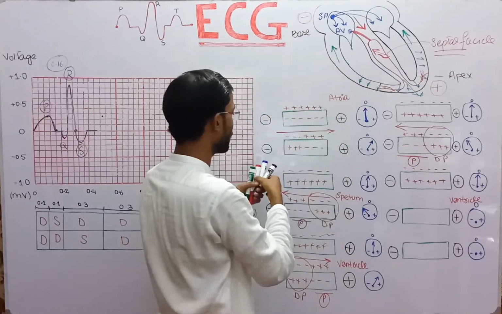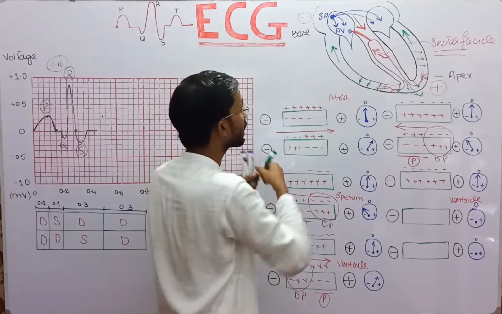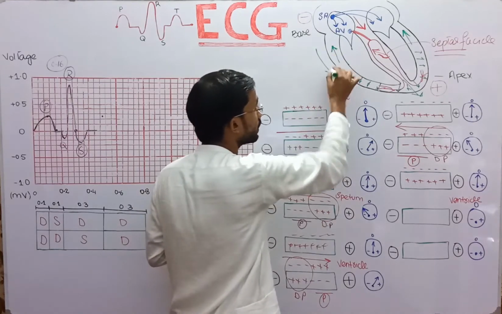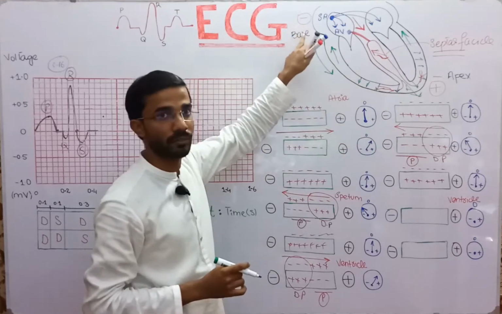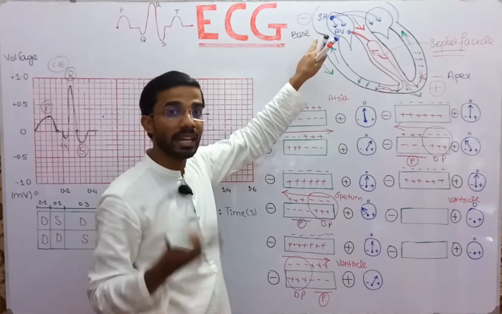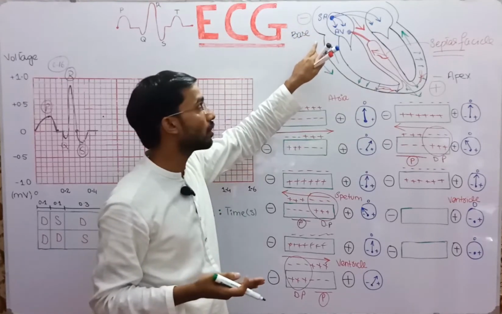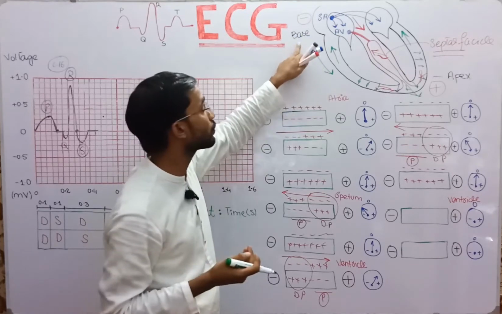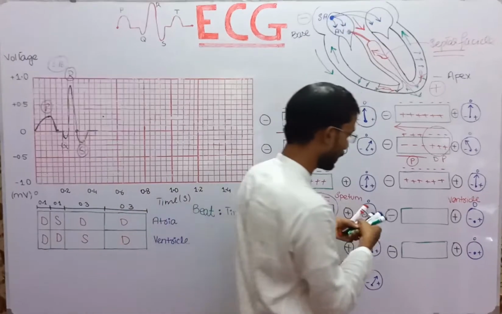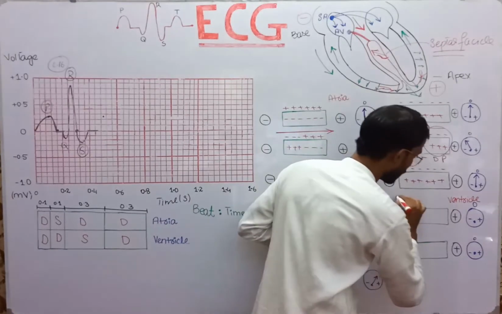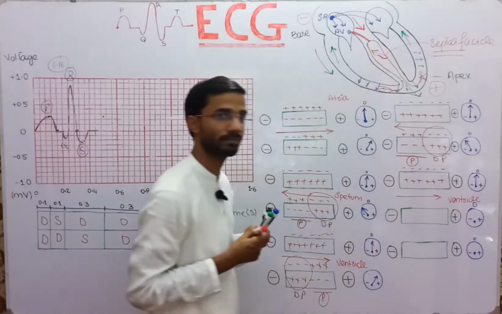Now the ventricle becomes repolarized in the opposite direction. They depolarized from positive to negative, and now they again repolarize, or attain the polarized state, from negative to the positive.